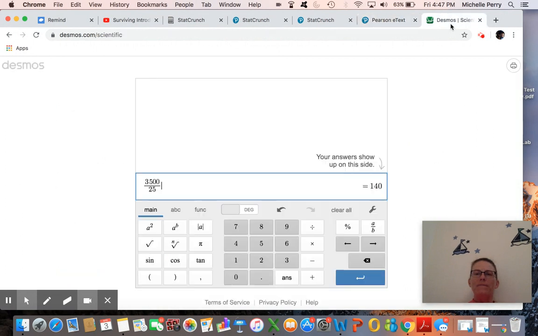So essentially, we're looking for what's the probability that their mean weight exceeds 140 pounds. I'm going to write this down so I can remember real quick.